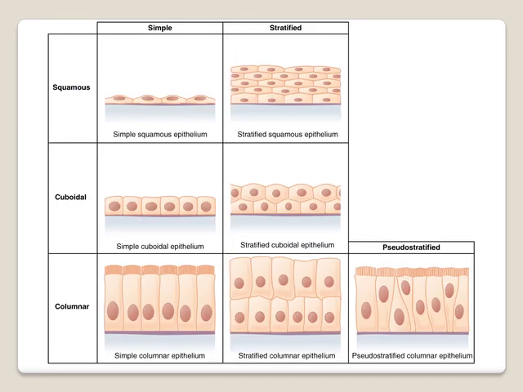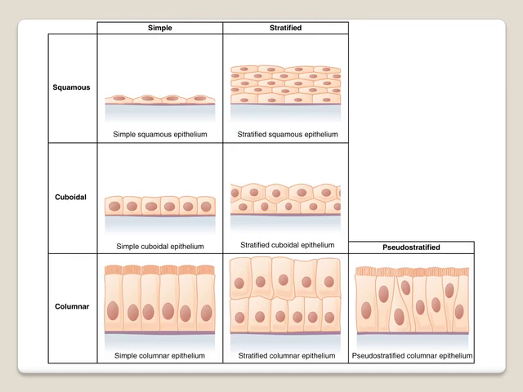Okay, so here's some more illustrations of epithelial tissues. The top one, the squamous, you can see it's squamous because it's flat. And then there's simple squamous and stratified squamous. The simple squamous, you're going to find this in the alveoli of the lungs because it is one layer, so the oxygen and the carbon dioxide can easily pass through to be exchanged. The stratified squamous, and you can tell it's stratified because there's more than one layer of it.